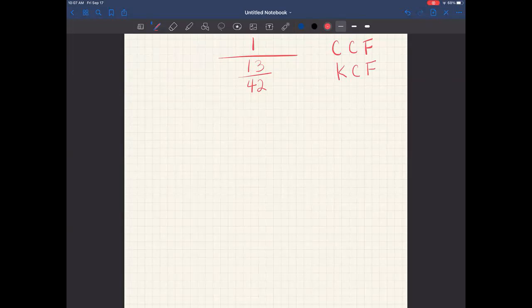Point is, you keep the numerator, which is really 1 over 1. You change your division to multiplication, and then you flip the fraction in the denominator. Does that look a little bit more familiar? And now I just multiply across. So that just gives me 42 over 13.